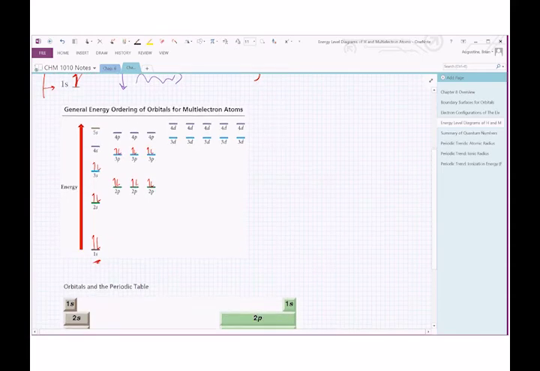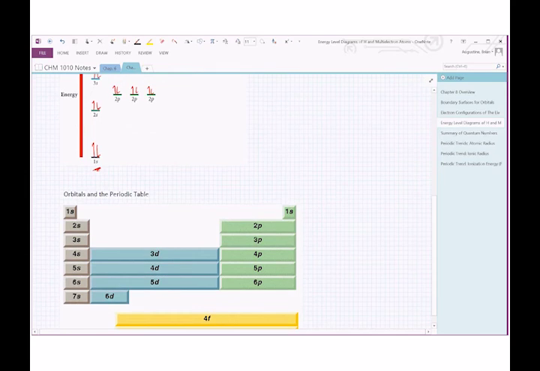Okay, so in terms of the periodic table, what happens is the 1s orbitals get filled first, then the 2s's, then the 2p's, then the 3s's, and if you notice on the periodic table, this level here is actually the principal quantum number. All right, that's pretty convenient. You just count down the number of rows. That tells you what the principal quantum number is.